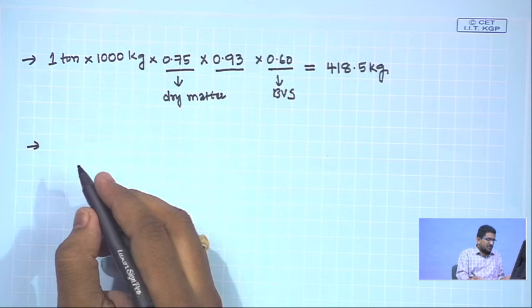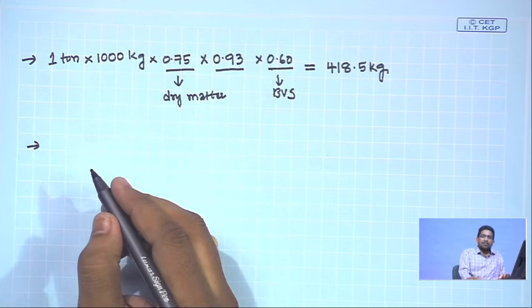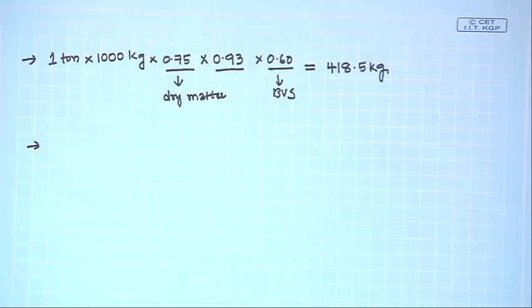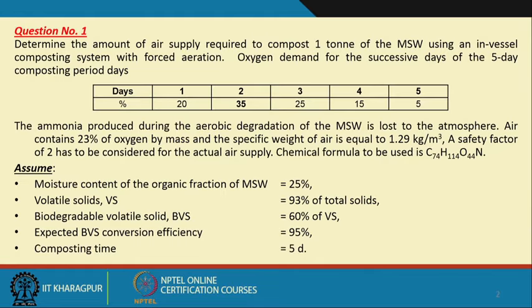Next we have to determine the expected BVS conversion. The expected BVS conversion is the actual biodegradable volatile solids that we are going to get in our study. Here we are given the expected BVS conversion efficiency as 95%.